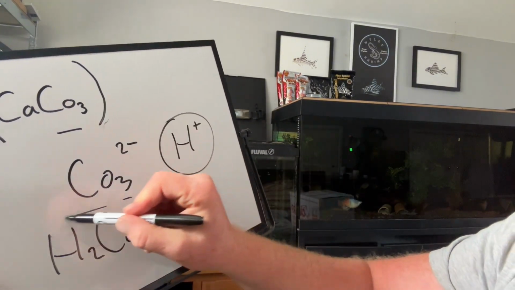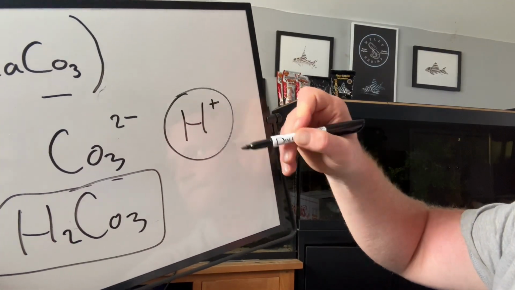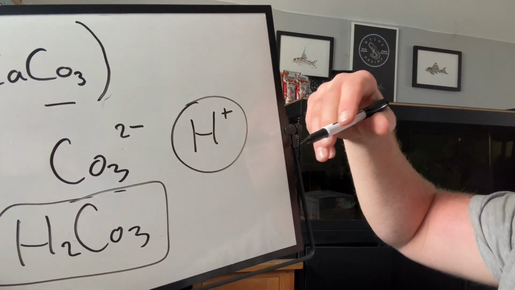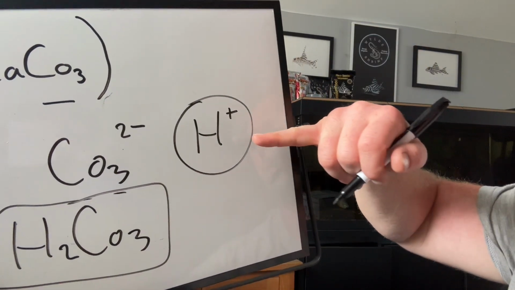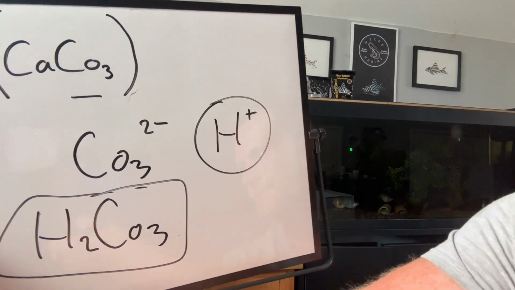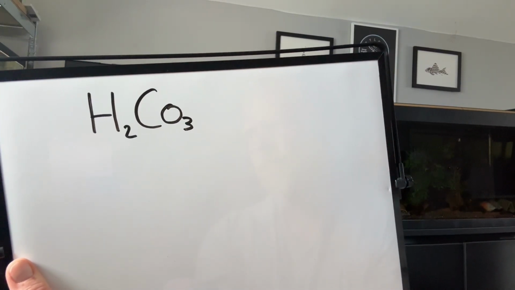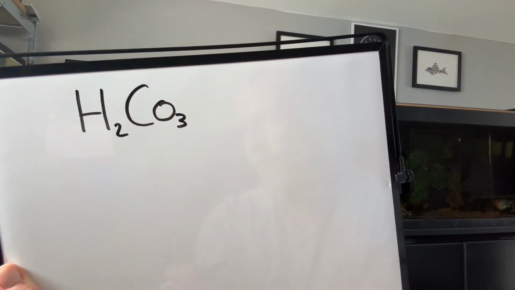That has hoovered up these, meaning there are no more free hydrogen ions, which essentially raises the pH, because this is the triggering factor in lowering the pH. Are we following? So what is this? This is carbonic acid. Acid, but carbonic.